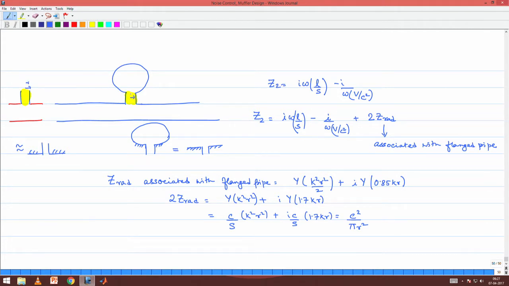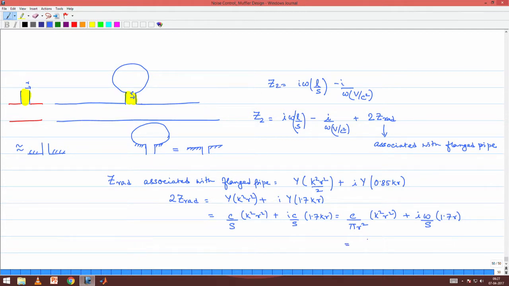So, this is the radius of the tube that we are talking about. So, S is pi r square and k square r square leaves as usual, plus I k times C can be written as omega, omega by S 1.7 r, right.